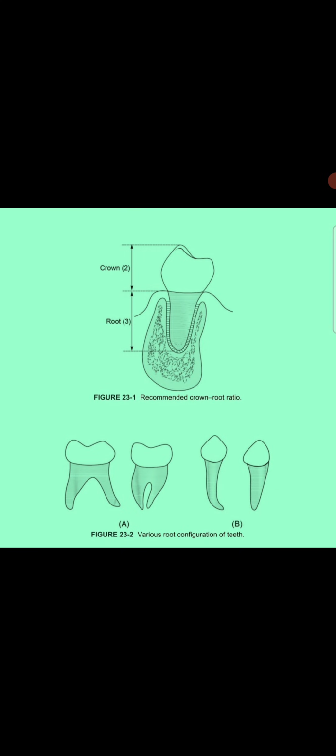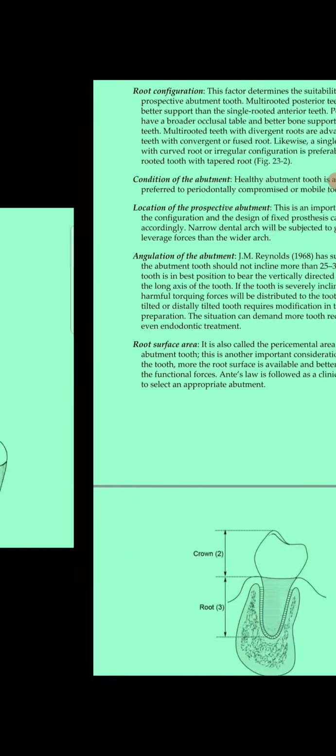Now in anterior teeth, a single rooted tooth with a straight or tapered root acts as a poor abutment, but the tooth with a diverged root will act as a good abutment.